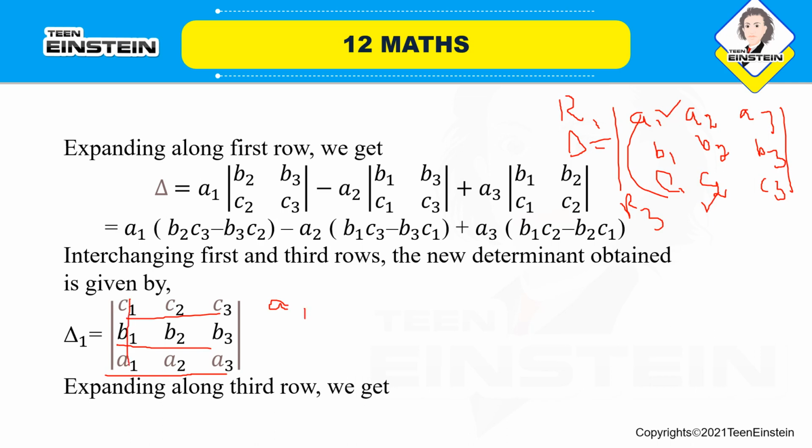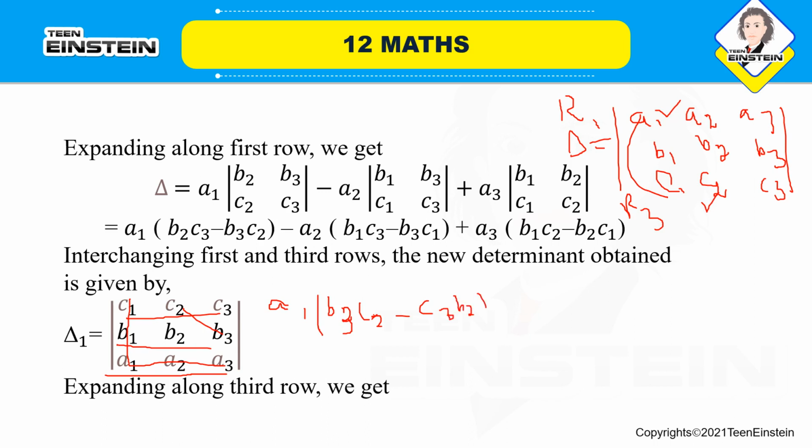If you delete the row and the column having the element A1, then you will get B2, C3 in the downward direction, not B2, C3, B3, C2. B3, C2 minus, in the upward direction, this is C3, B2.